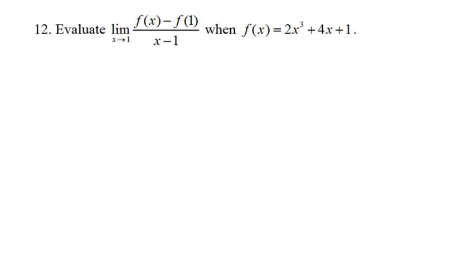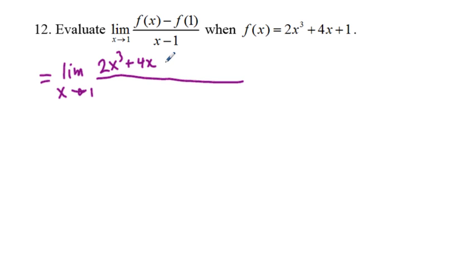Problem number 12. Evaluate the limit as x approaches 1 of f of x minus f of 1 over x minus 1 when f of x equals 2x cubed plus 4x plus 1. Well, for this, we're going to rewrite this as the limit as x approaches 1 of, we're just going to write out f of x, which is 2x cubed plus 4x plus 1, minus f of 1, over x minus 1.